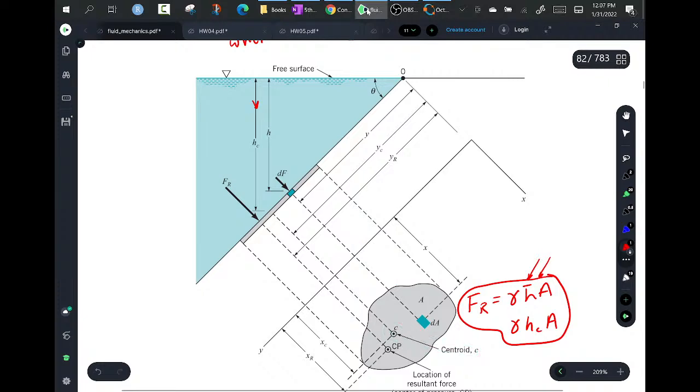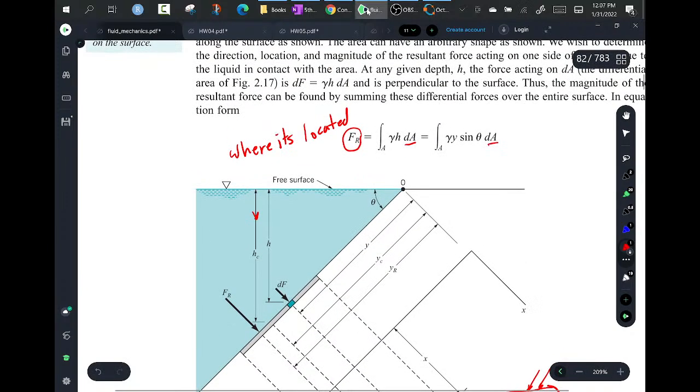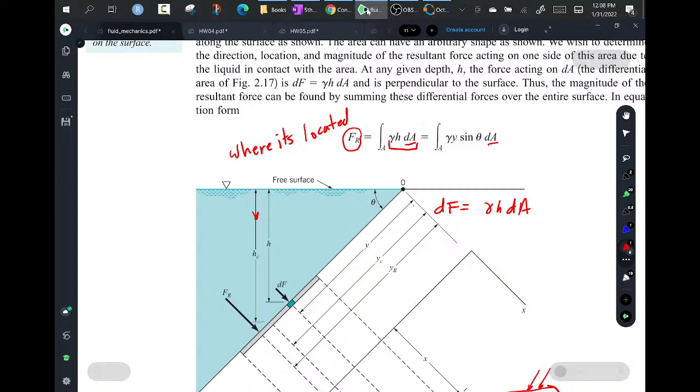What you do is you go out, you say, well, if this is my dF is equal to gamma h dA, which I'm just pulling out because you integrate that in a second. But here's the thing. If I want to know the x location, he's calling it the y. I'll call it y resultant.